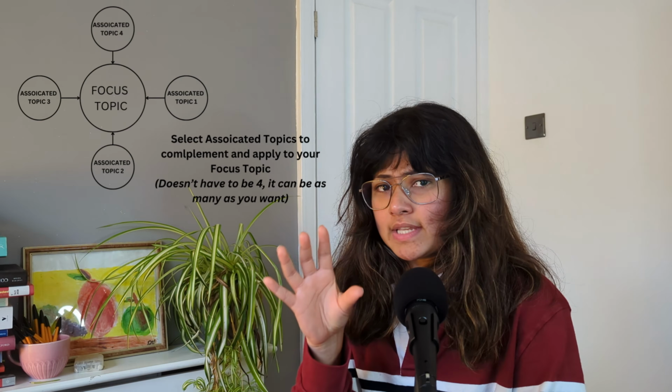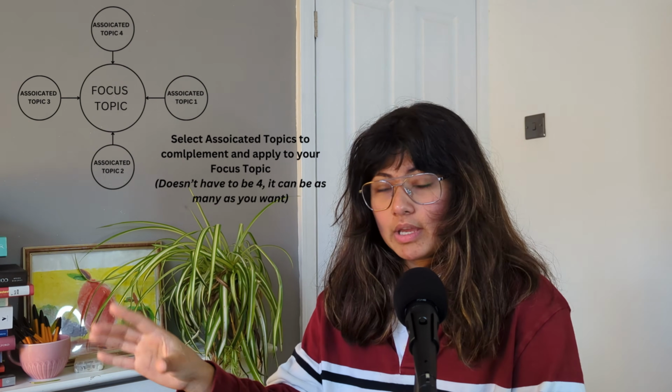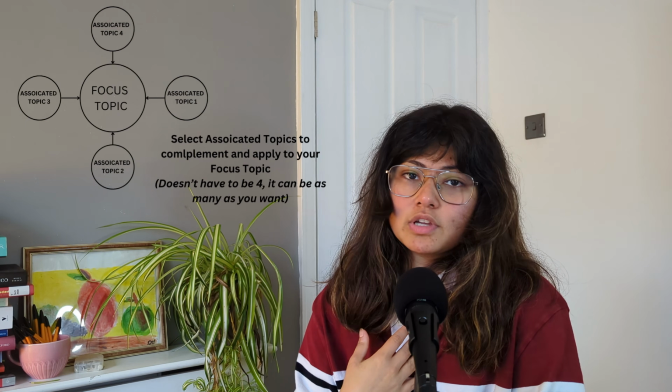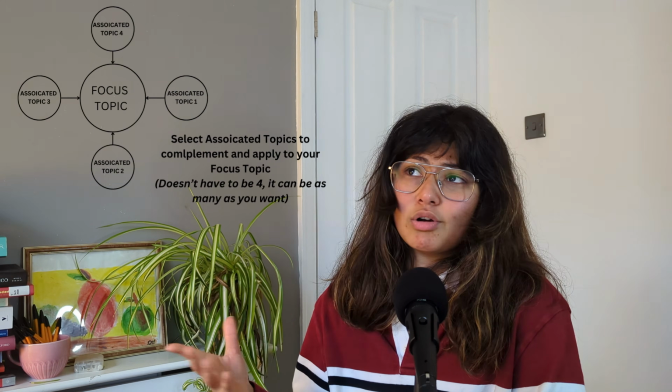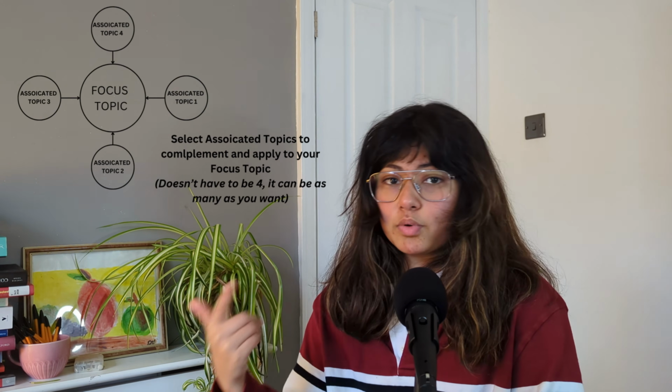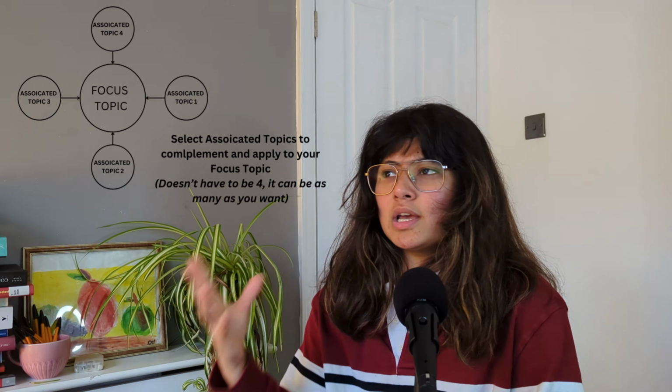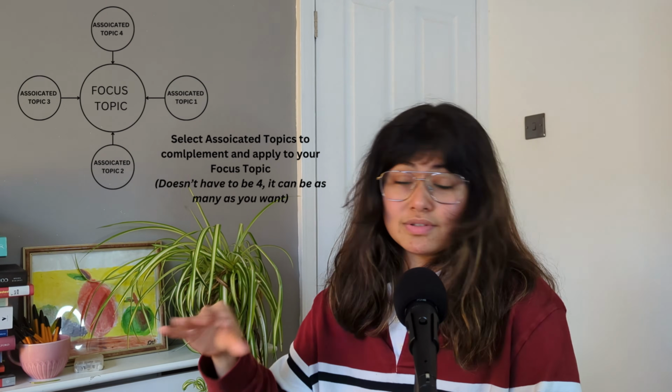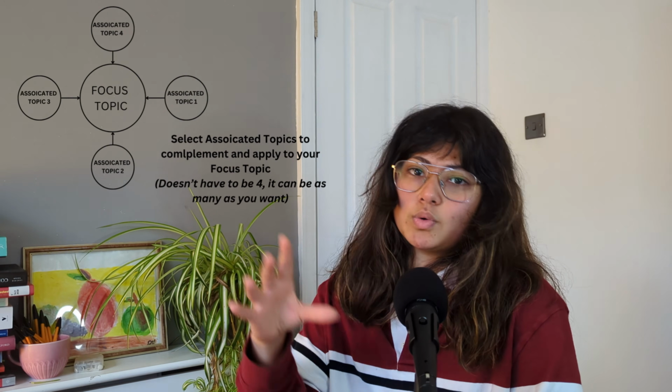The point of this step is for you to now start selecting certain associated topics to basically complement and apply to your focus topic. So for instance, my focus topic is post-digital organizing, and my associated topics are spatial systems, temporality, and digital materiality. I'm basically using these associated topics to look at my focus topic.